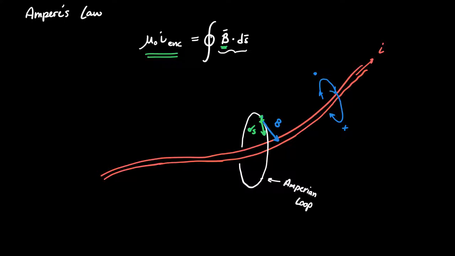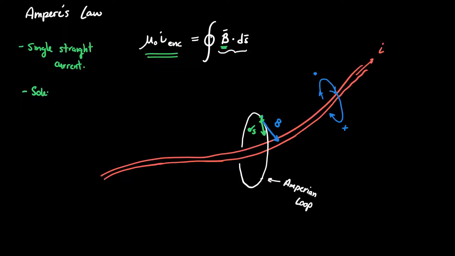Most textbooks and most examples in physics provide us with three situations in which we can use Ampere's law effectively for real-world applications. There's the single straight current, so a long wire.